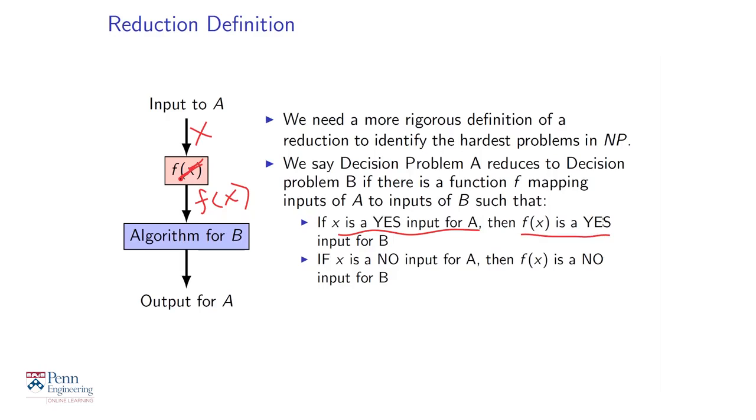And similarly, if x is a no input for A, then f of x is a no input for B. So whatever output we get out of the box for B, the algorithm for B, that same answer is valid for the original question, is x a yes or a no instance of A. We get the output and we can just output that, even though our intent is to solve the problem of x for A. So the reduction is just the function f that's mapping inputs of A to inputs for B.